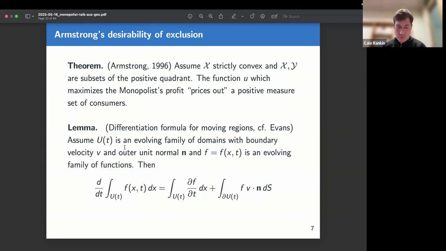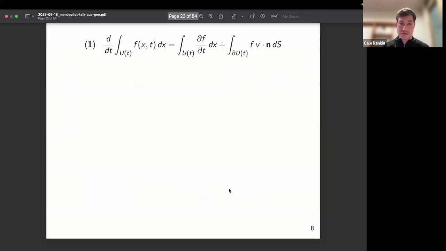So more precisely, if we've got an evolving family of domains, and an integral over them, then the time derivative of that integral satisfies this expression on the right-hand side. It's what you'd get from differentiating under the integral, plus a boundary term. So this is the only tool we're going to need to prove this result called the desirability of exclusion. So I'm going to leave it up there.